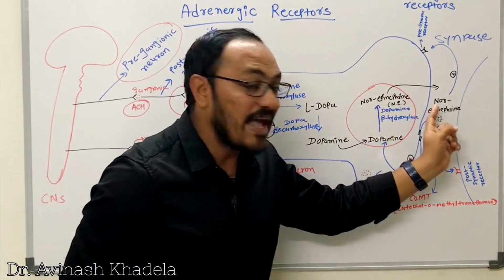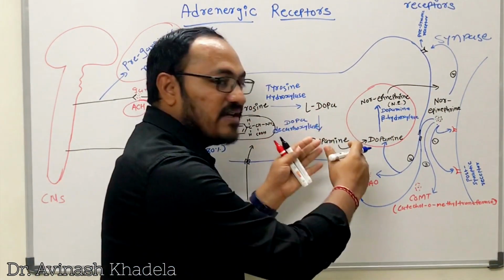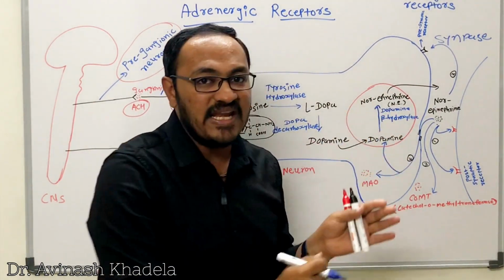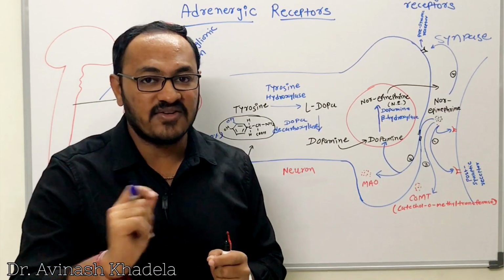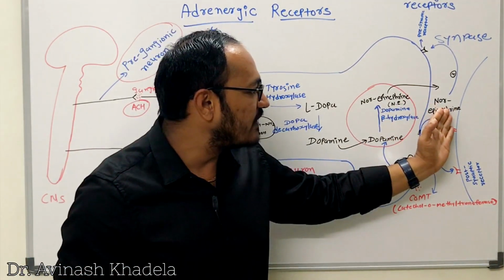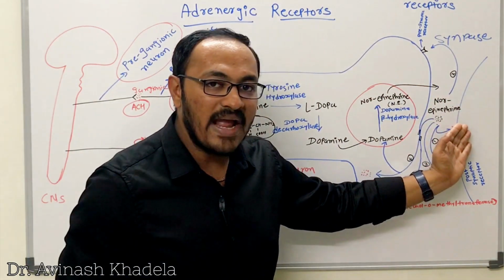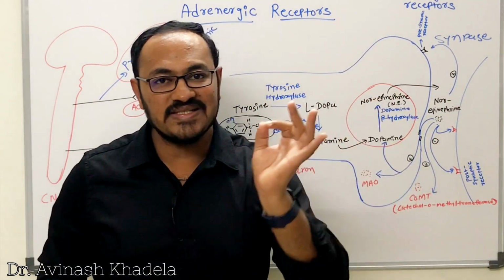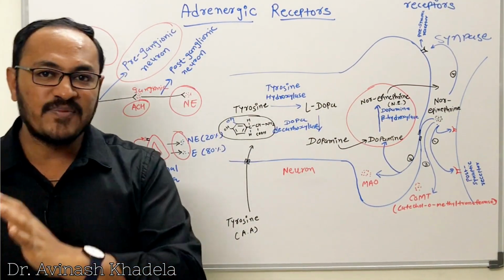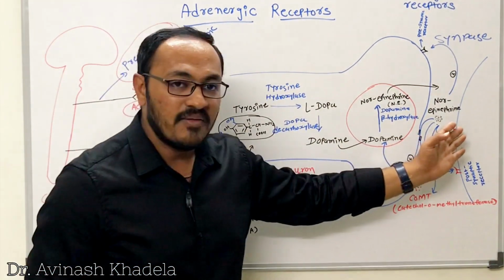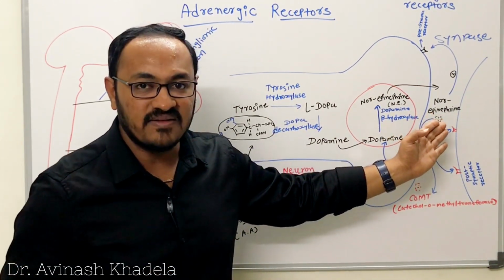Now when norepinephrine is released from the vesicle into the synapse, it has several mechanisms or actions. This norepinephrine will go and bind to the postsynaptic receptor first. We all know there are two types of postsynaptic receptor, mainly the alpha receptor and the beta receptor.